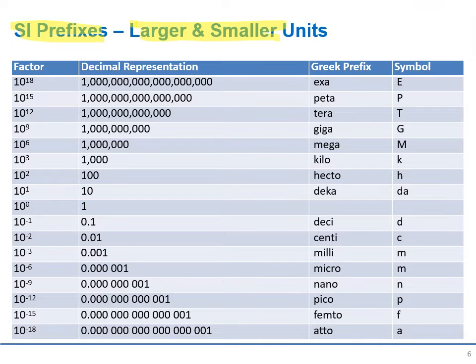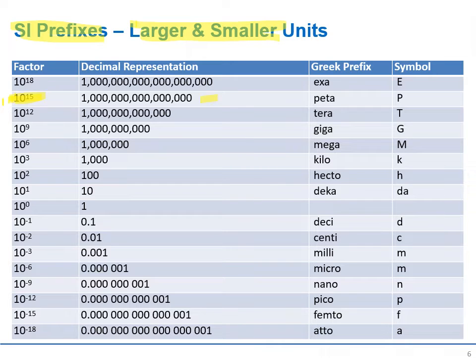Suppose you have a number, for example, 6 times 10 to the power 15. 10 to the power 15 means you have 15 zeros. You're not going to write all those zeros every time. Whatever number you have, you multiply that number by 10 raised to the power 15. So we use this factor, 10 raised to the power 15, with the number.